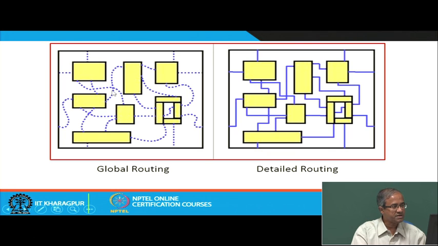Once global routing is done, each of these rough connections is mapped to horizontal and vertical segments. Again I repeat, the solution shown here is a 2-layer routing solution, where the horizontal lines are laid out on one layer, vertical lines on another layer, and any crossing corresponds to a via connection, which is a connection between the two metal layers.